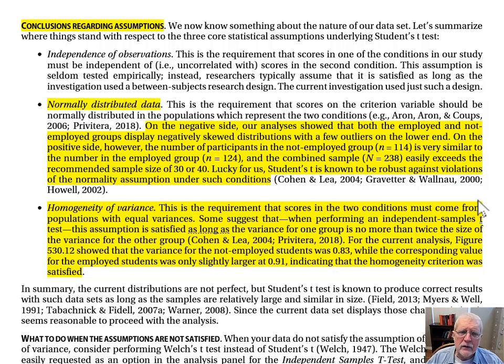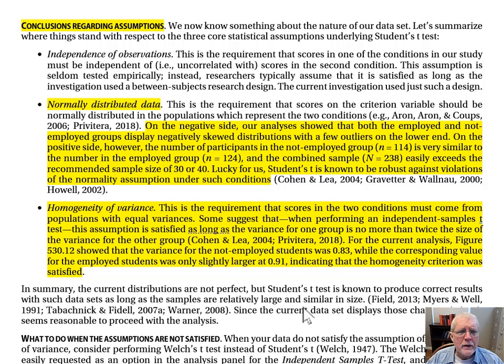On the positive side, however, the number of participants in the not employed group, 114, is very similar to the number of people in the employed group, 124, and the combined sample of 238 easily exceeds the recommended size of 30 or 40. Lucky for us, Student's t is known to be robust against violations of the normality assumption under such conditions. Robust means strong. Robust means it'll give us the correct results even if there are some violations of the assumption.